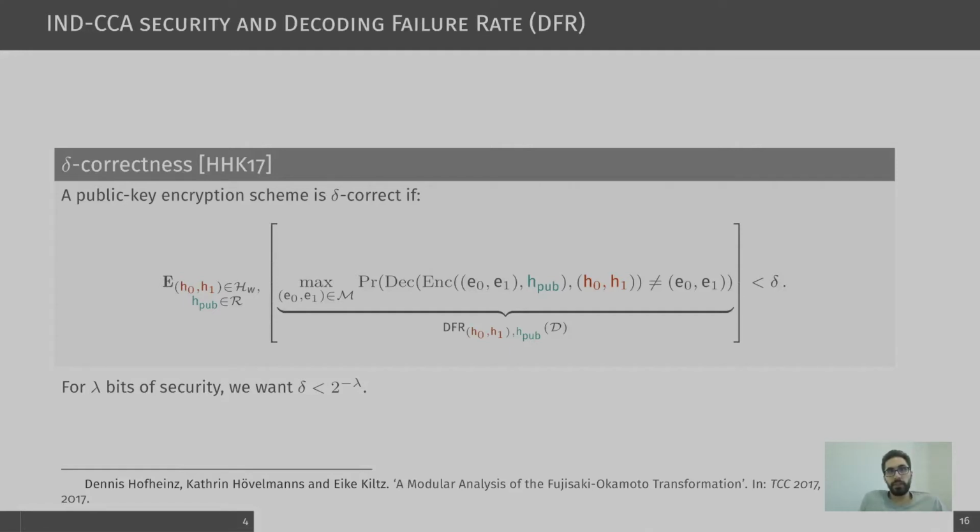So in fact what we have between the brackets is just the DFR for a specific private key and public key. And in the end, we are interested in the expected value of these probabilities over all the possible keys. In fact, what we have is just the DFR of the scheme for a given decoder.